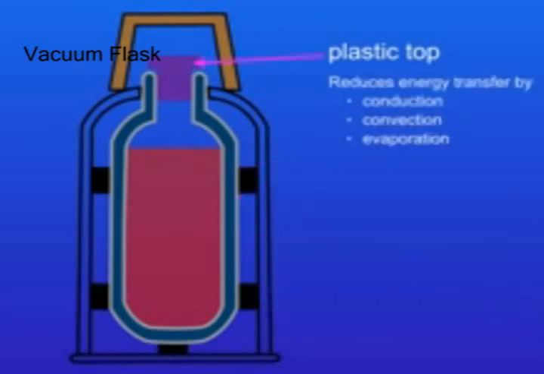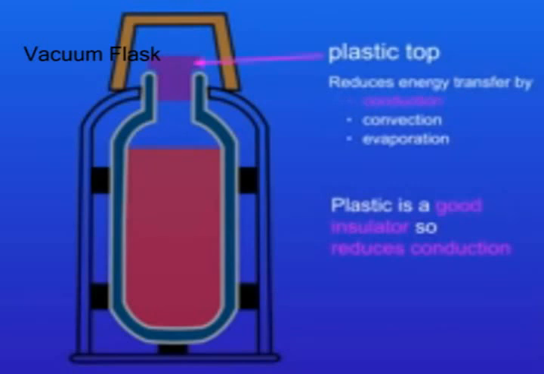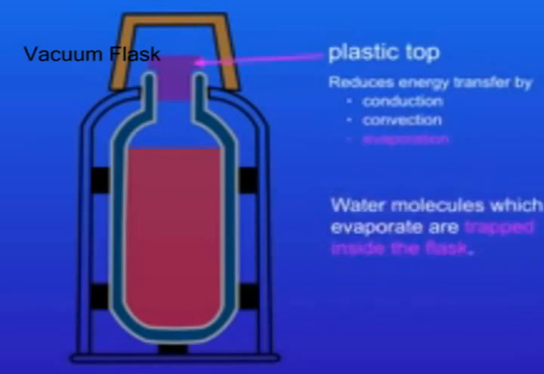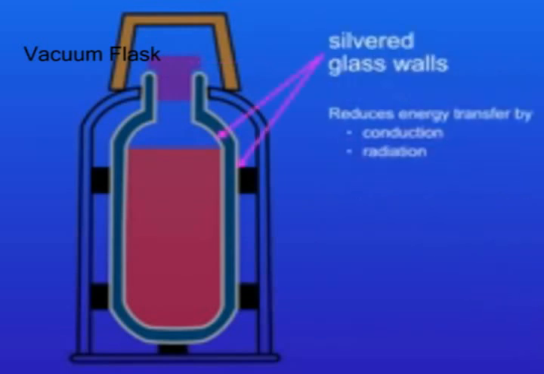This reduces energy transfer by conduction, convection, and evaporation. First of all, plastic is a good insulator, so it reduces conduction. Heat transfer by convection is reduced since convection currents are blocked by the top. And heat transfer by evaporation is reduced as water molecules which evaporate are trapped inside the flask.